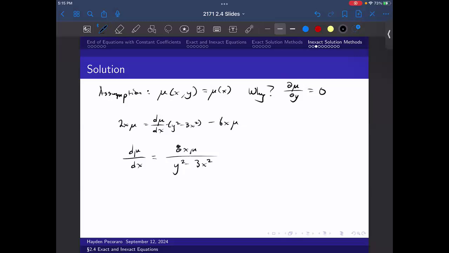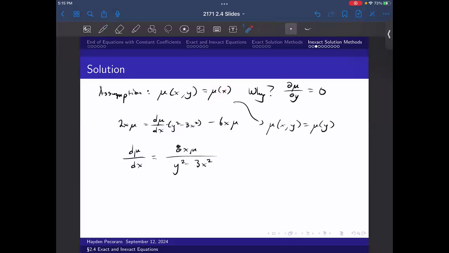And looks like we might have a problem here. This depends on y still. So the assumption that this thing depends only on x doesn't work. Instead, try this. That will work.